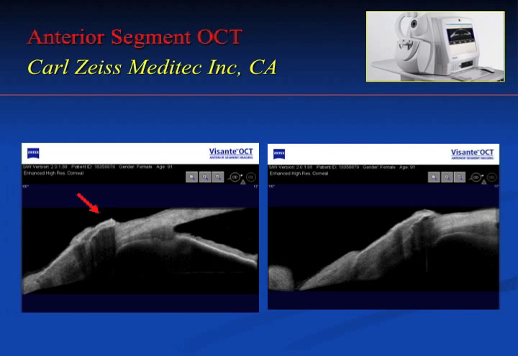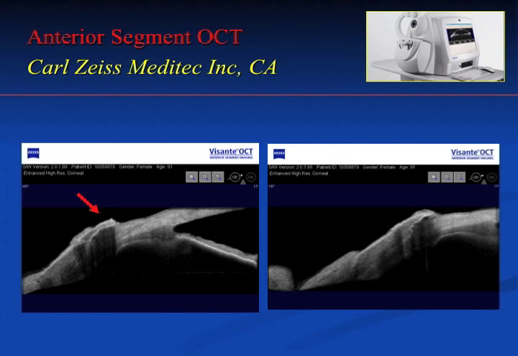This hyperreflective area is actually the calcific plaque that I showed you clinically. When we did the other study, respectively the Visante, the anterior segment OCT, we can see a better view of the angle and the cornea. You can see that a little bit is missing over here from the information, but we already had it with the UBM. The same information practically was available, that plaque was overreading on the top, but there was not much over here.